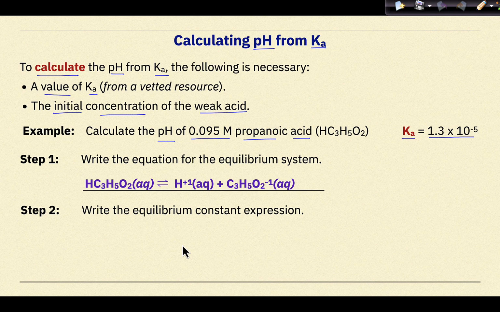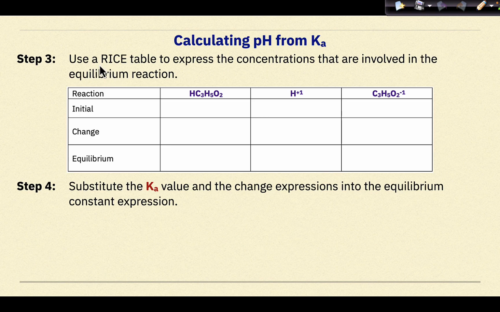Then we're going to write the equilibrium constant expression. Ka is equal to the concentration of H plus 1 times the concentration of C3H5O2 minus 1 divided by the concentration of our weak acid. The next step is to use a Rice table to express the concentrations that are involved in the equilibrium reaction.